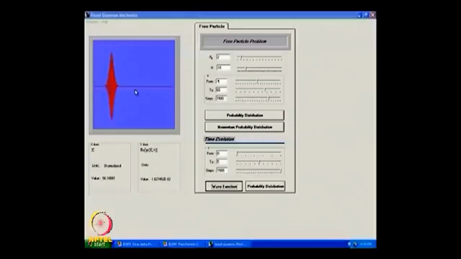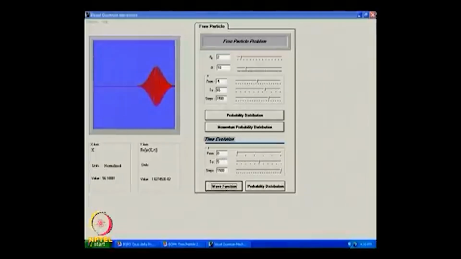As the time progresses, the wave function evolves with time like this, and at all times you will have the probability distribution describing the motion of the particle and the momentum distribution function satisfying the uncertainty relation. So, this is how the wave packet evolves with time.